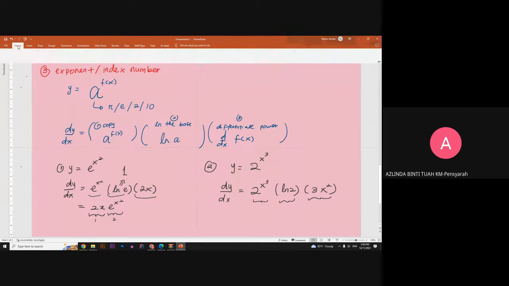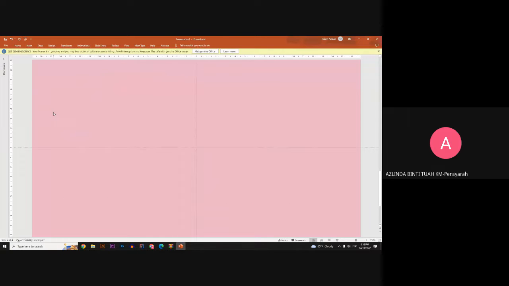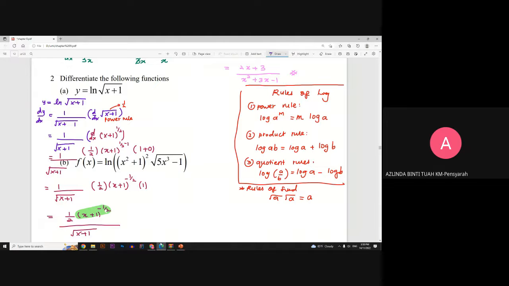That's better. Okay, I'm going to show you the second method, which I prefer to this method, where we will use the power rule here.